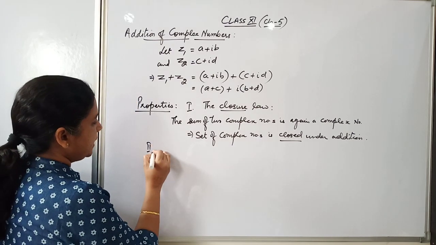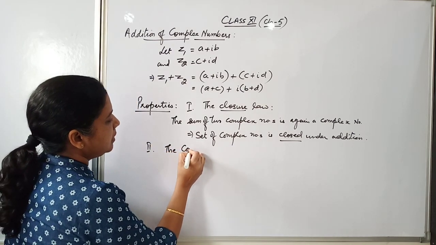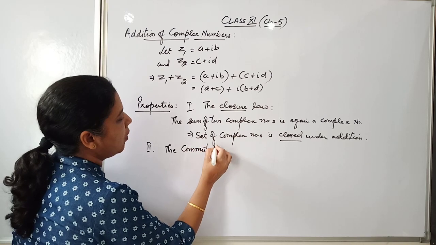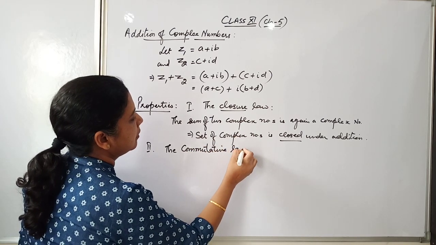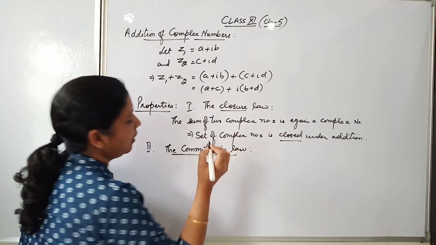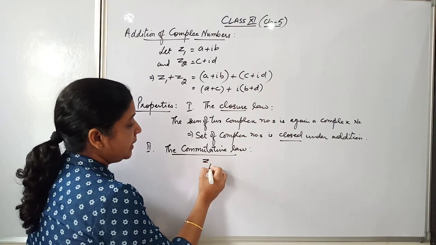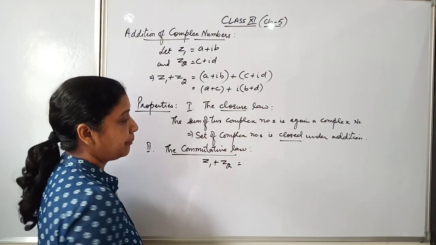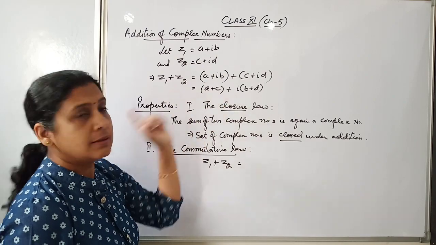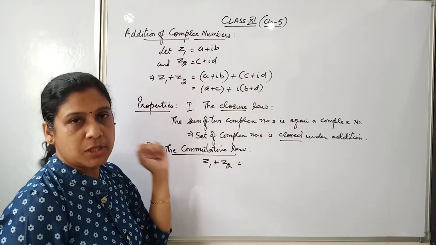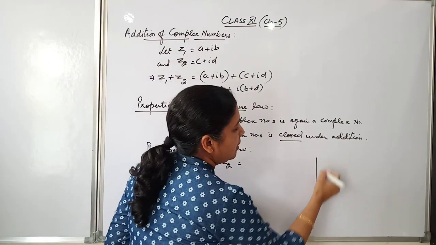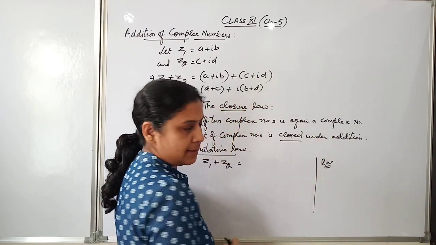The second property is the commutative law. Supposing I have two complex numbers and I have added these two numbers. These were in general. Let me take it in particular for better understanding.